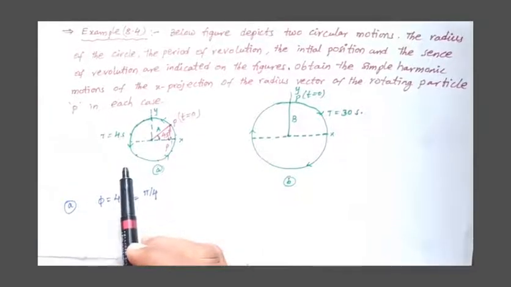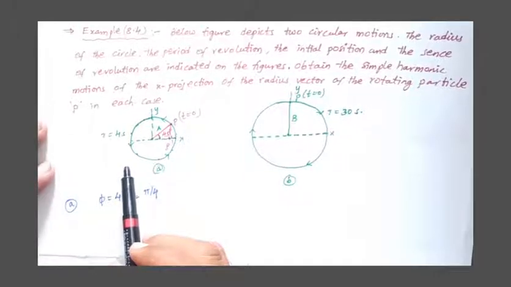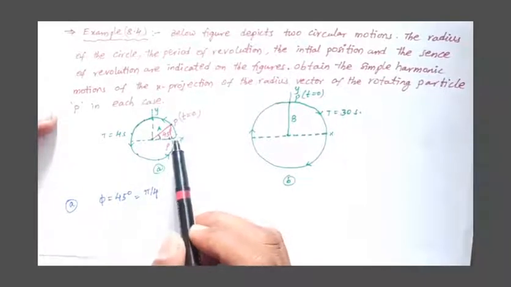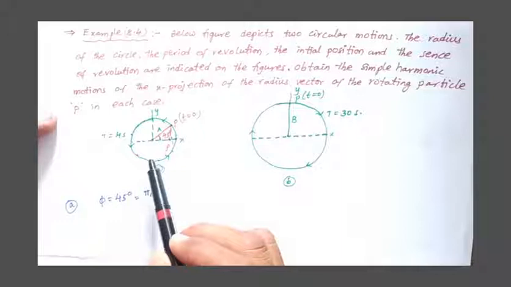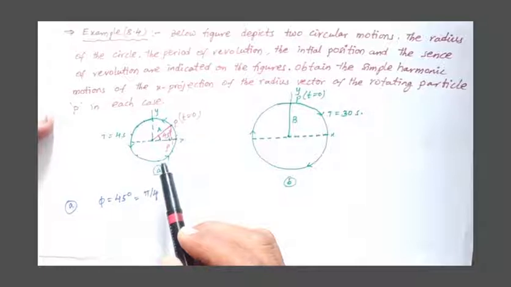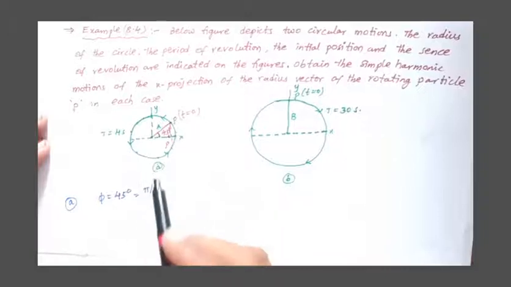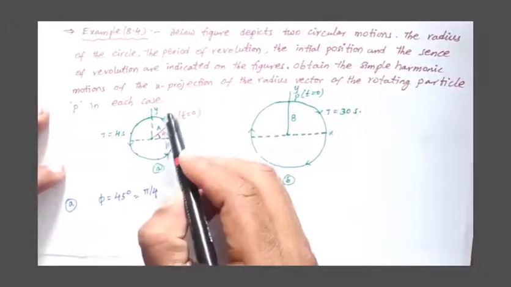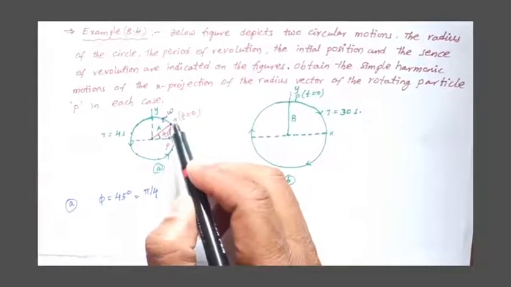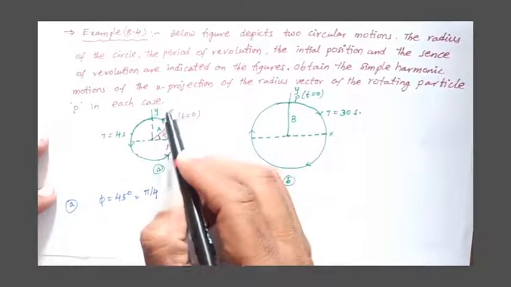We already discussed in simple harmonic motion and uniform circular motion that when a particle moves in the anti-clockwise or clockwise direction, it has simple harmonic motion, consisting of to and fro motion. So here also it is a to and fro motion. Then the angular velocity is omega, the angular speed or angular frequency.